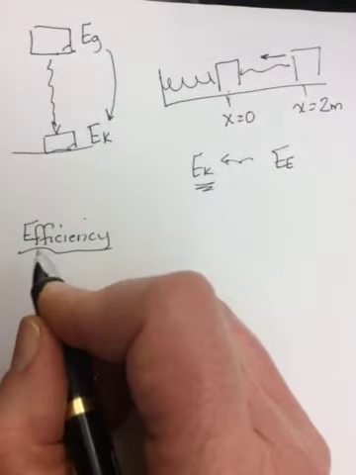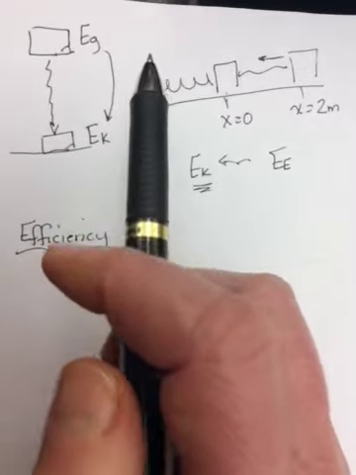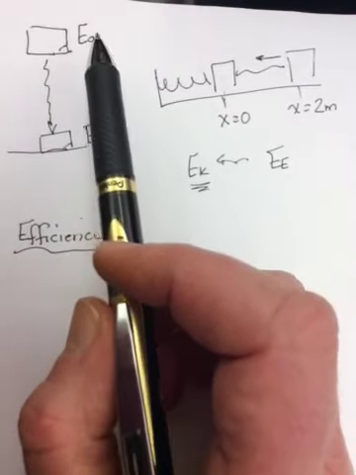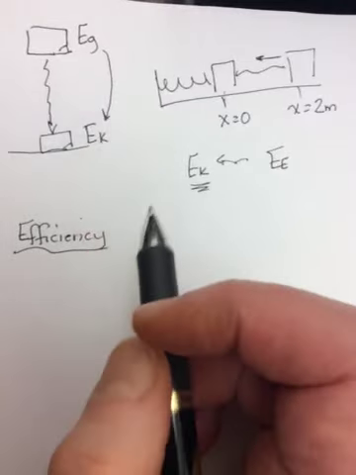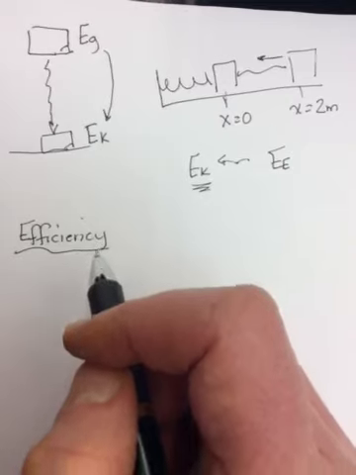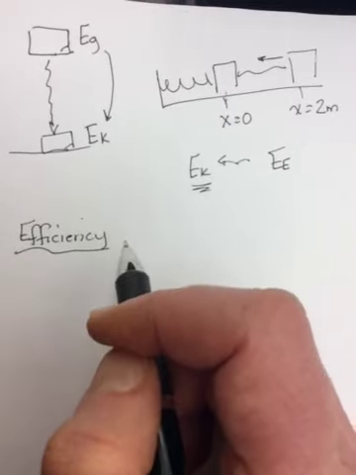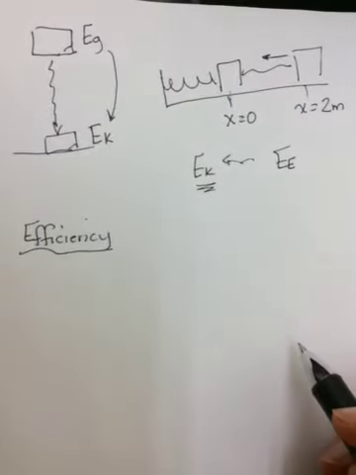So when we look at efficiency, efficiency is about how effectively or efficiently a system changes one type of energy into another, or how well something uses the work or energy that's put into it and converts it into useful work.